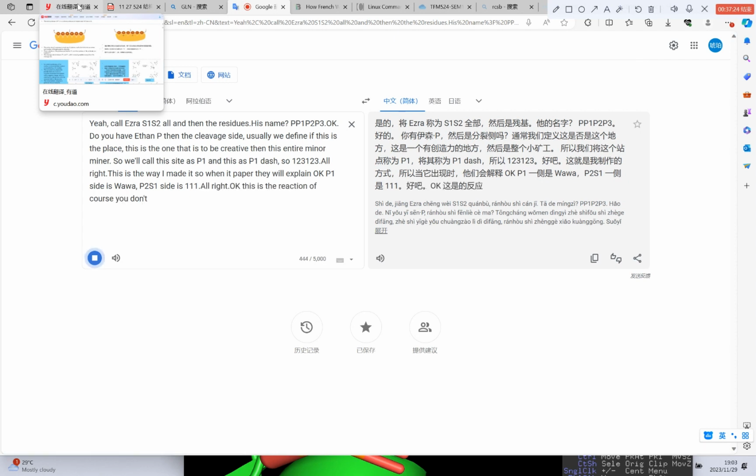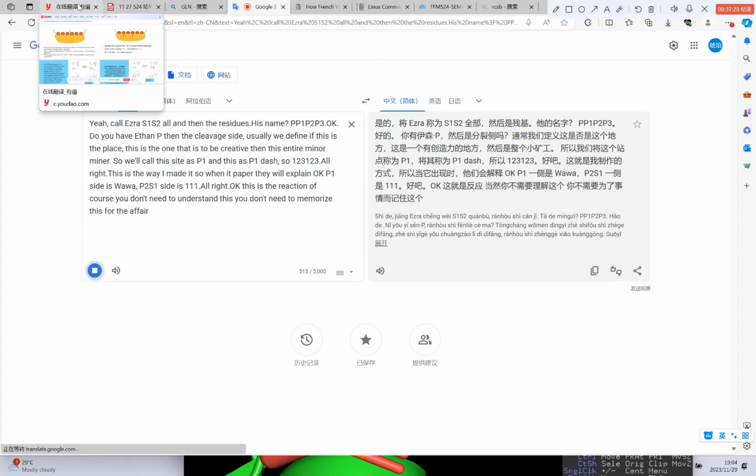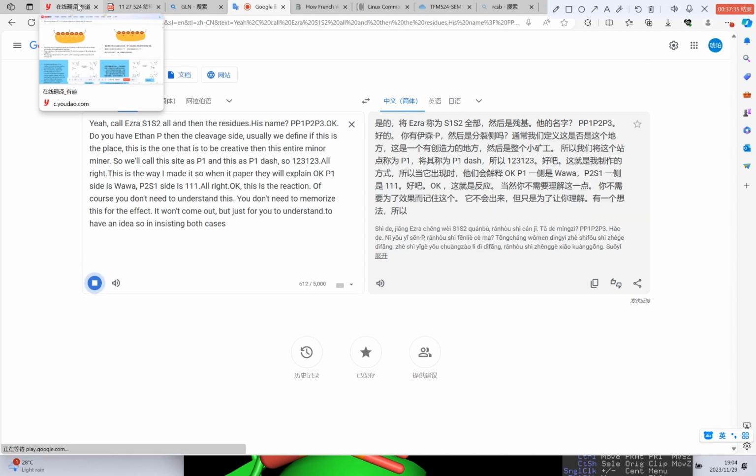Of course, you don't need to understand this, you don't need to memorize this. The histidine residue is converted into a potent nucleophile.